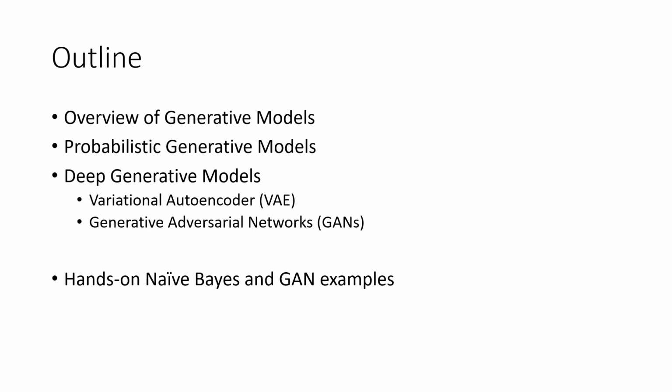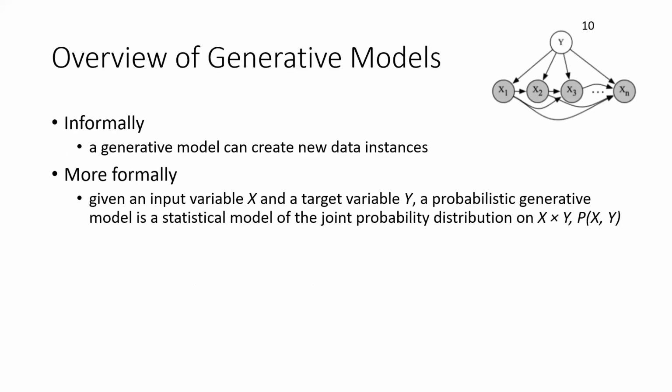So I'm going to stay with models that don't make this explicit assumption. Some implicit assumptions they do make, as we'll see; they work better for some data, less well for others. Okay, and as I said, we'll finish with a hands-on naive example of generative models. The one I'm going to use is naive Bayes. By then, we'll know what naive Bayes is, and a simple GAN example. Okay.